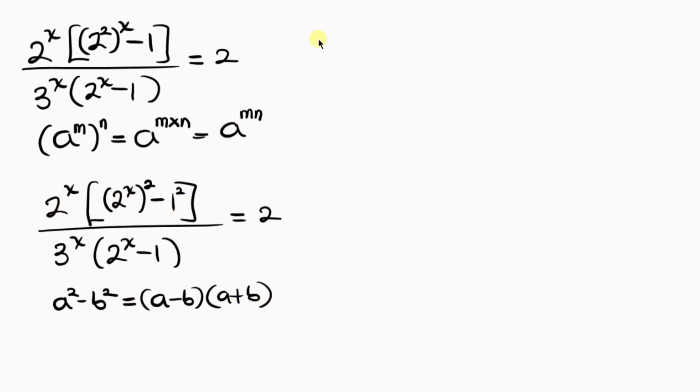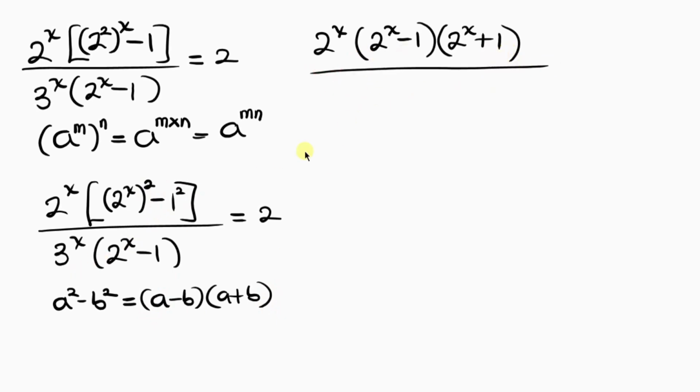So this is 2^x times, now in difference of two squares, this is (2^x − 1) times (2^x + 1). So we've been able to express this like this, which is what we have here. All over, now the denominator is 3^x times (2^x − 1). And this is equal to 2.